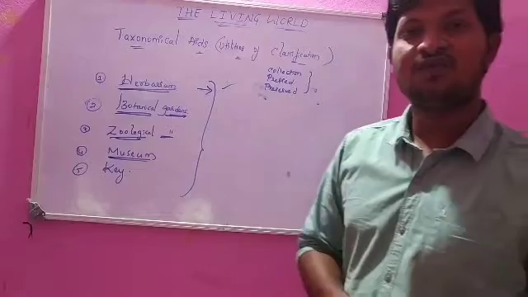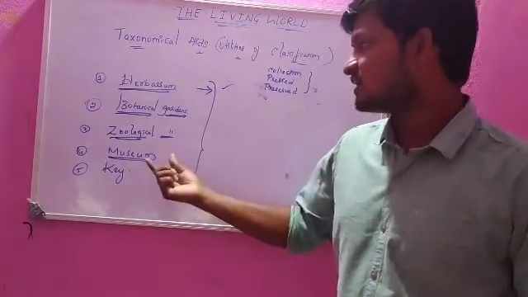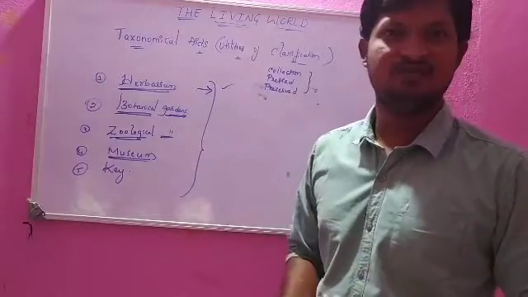Next is the museum. A museum is a place where a number of plant species or animal species are kept and stored. We can see a lot of museums.